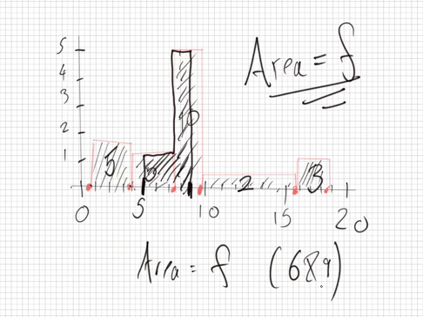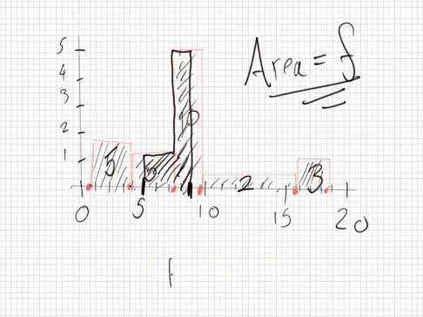But there's something missing from my histogram. I didn't put in the names of the axes. So what goes on the x-axis here? Well, that would just be the data x. And then on the y-axis, it is the frequency per unit x.